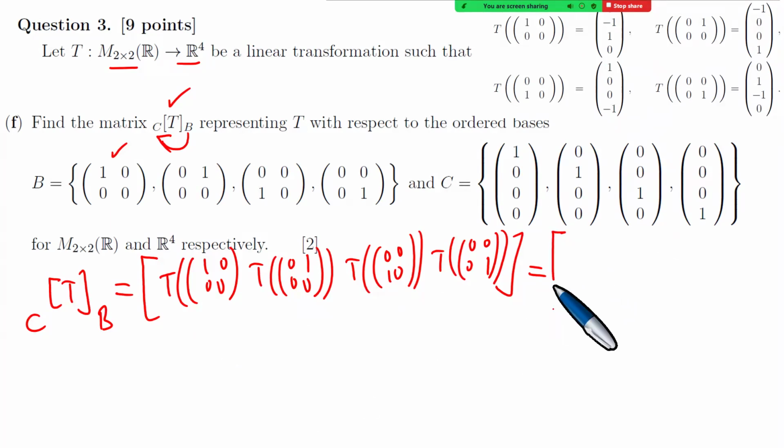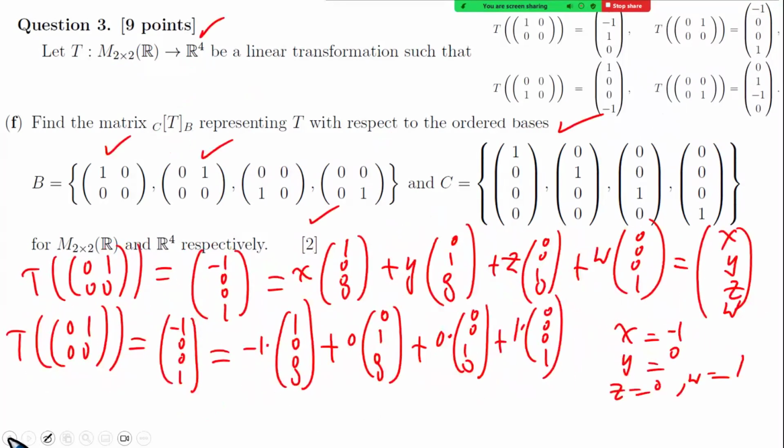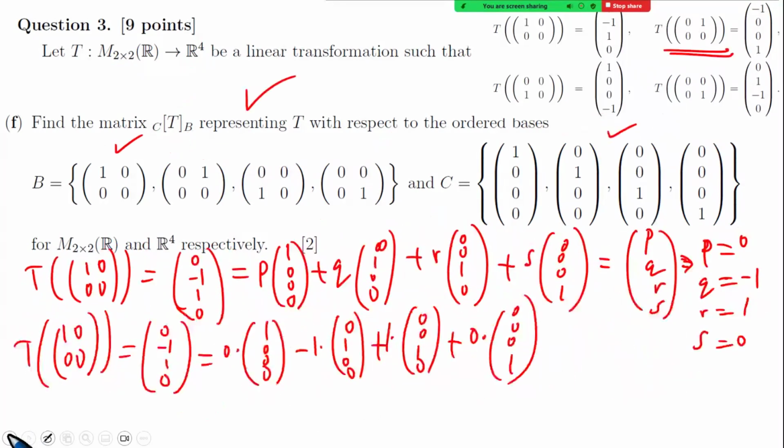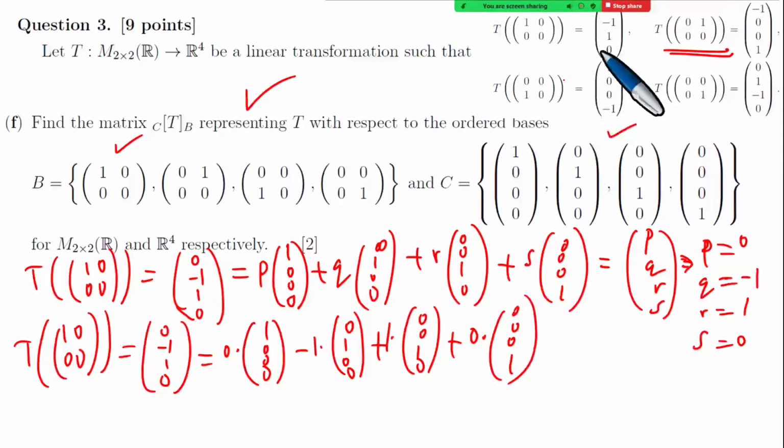Which is what I think I'm going to do, which is easy. The image of 1 0 0 0. But I wanted to use our initial hypothesis. Our initial hypothesis has been that the first column of the matrix representation has the 1 0 0 0, whose image is going to be 0 -1 1 0, and then it is equal to the column.